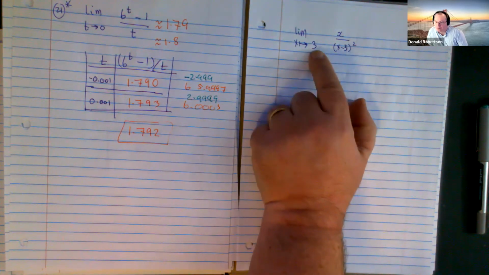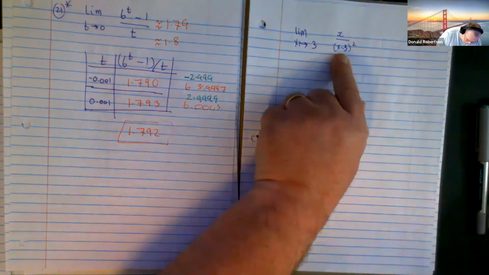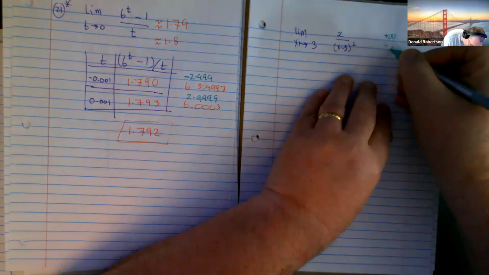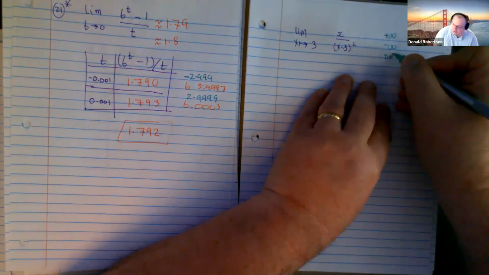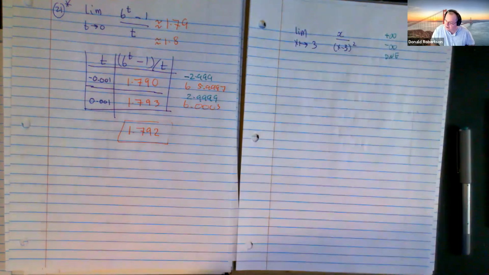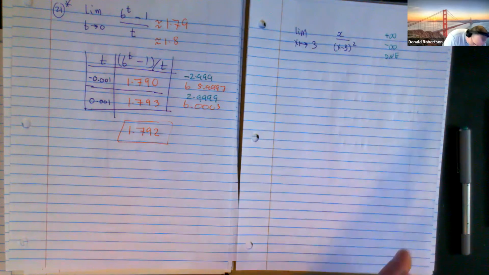So this has basically 3 answers that could happen. Couldn't the answer be plus infinity, minus infinity, or does not exist? Those are the only 3 answers you're going to get in a story that looks like this. And we're going to do it with a table of values.